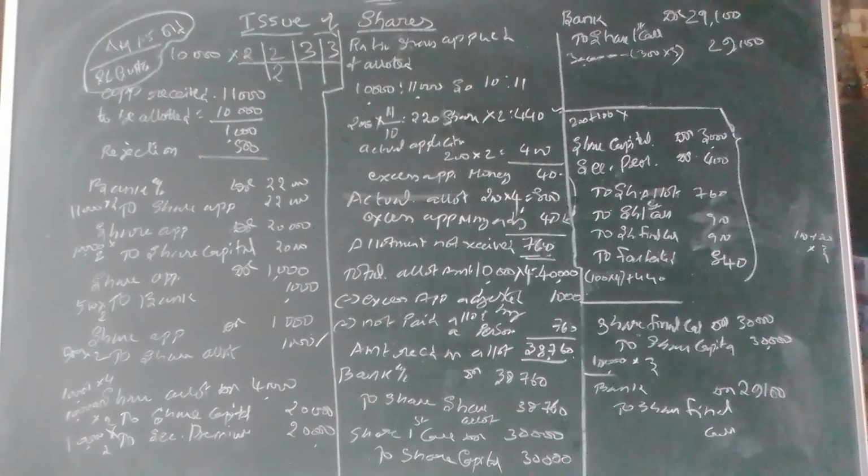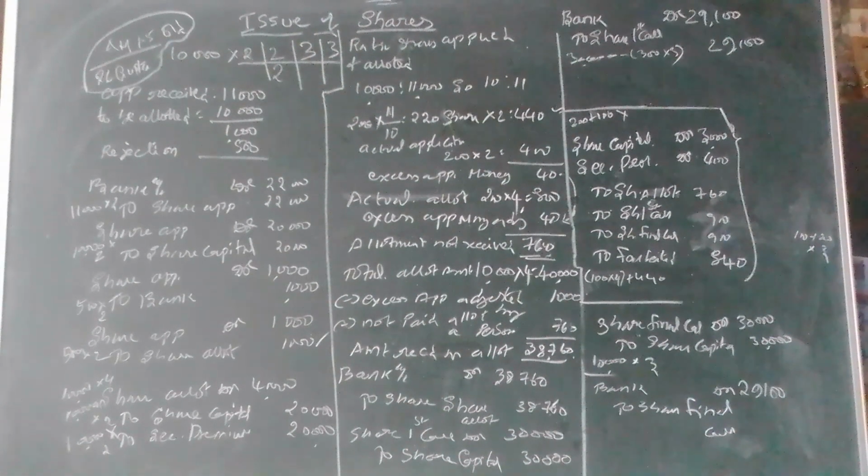See, in this case 200 shares, allotment amount not received. So what we have to do is, allotted is 200, then applied is what? By taking that ratio 10:11, we have to apply that. So 200 shares into 11 by 10. That means if they are having 10 shares, how many shares do they apply? 11 shares. So for 200 shares allotted, how many shares applied? 220. 220 at the application rate comes to 440.